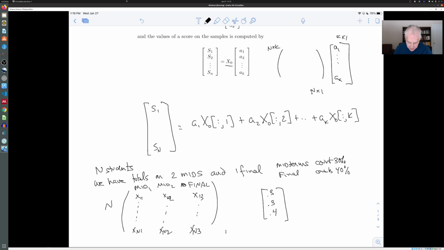And if we multiply our data matrix X times 0.3, 0.3, 0.4, we get a vector with n entries where we have the score for the first student down to the score for the nth student. So the class score in this case is a weighted sum of the features, which are the scores on the individual assignments.